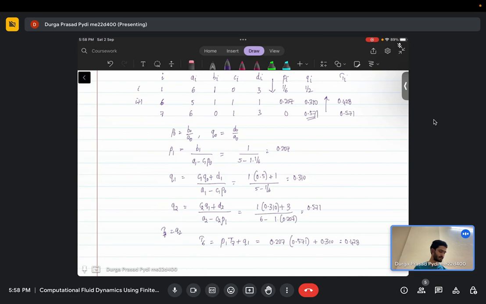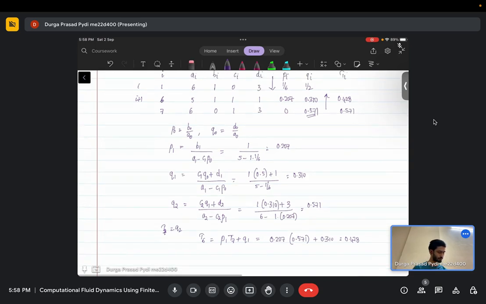And similarly for the first cell, if you need the value of T1, it will be P0 times T6 plus Q0. So this is 1/6 times T6 plus Q0, which is 0.5.